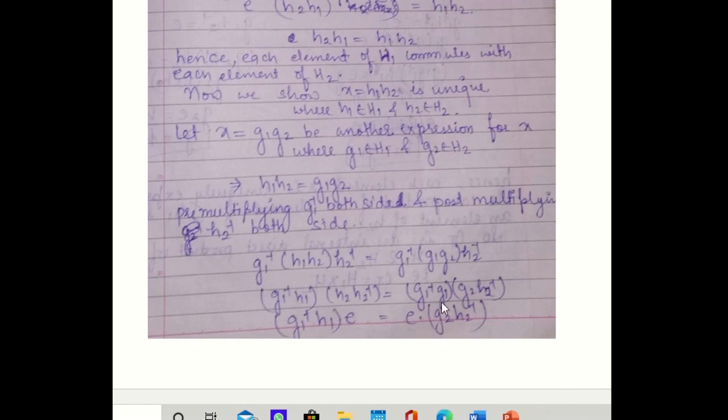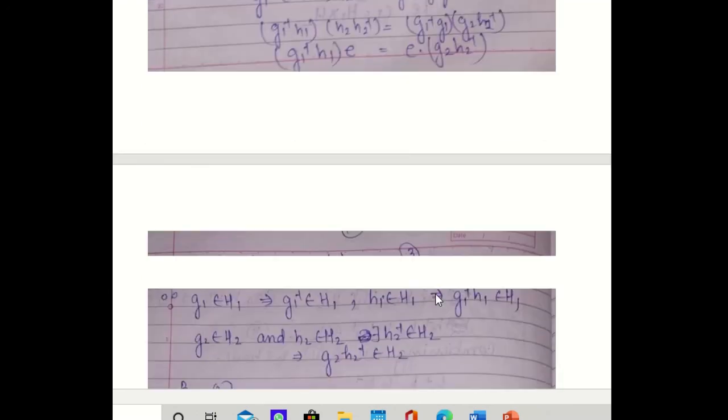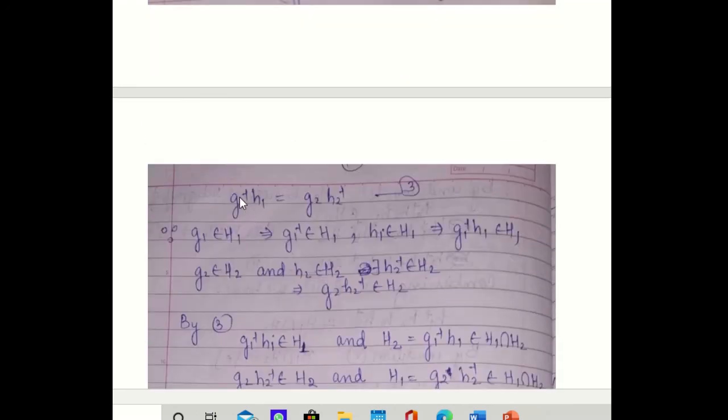So by associativity, we get this, and by using the associative law once again, we get G1 inverse H1 times E is equal to E G2 times H2 inverse. And this implies we have G1 inverse times H1 is equal to G2 times H2 inverse. Let it be equation number 3. Now G1 belongs to H1, so G1 inverse belongs to H1. H1 belongs to capital H1.